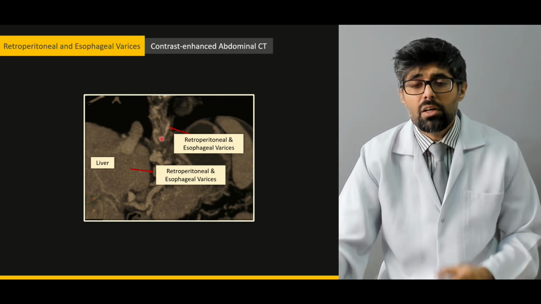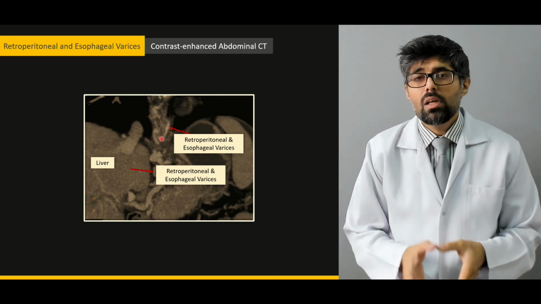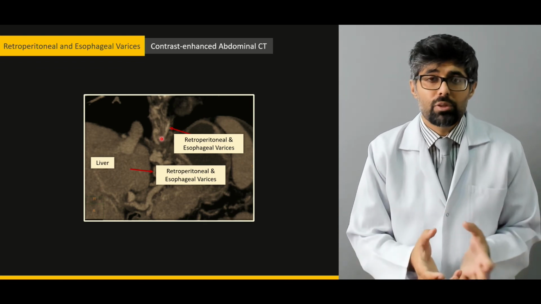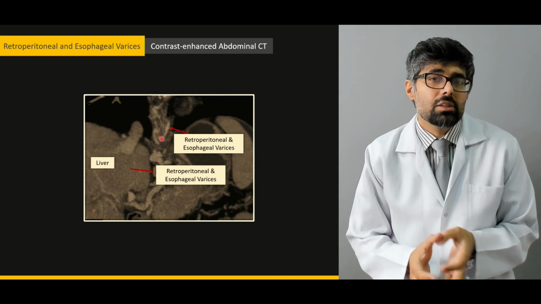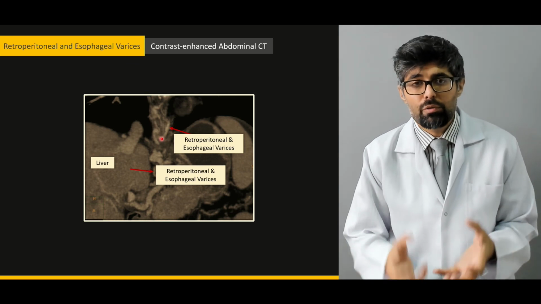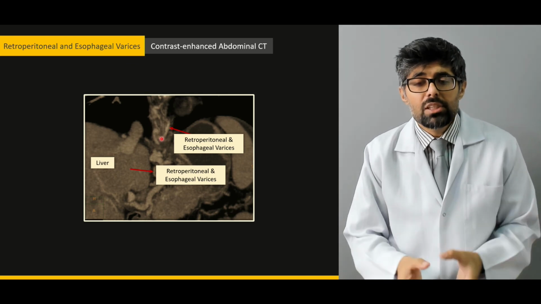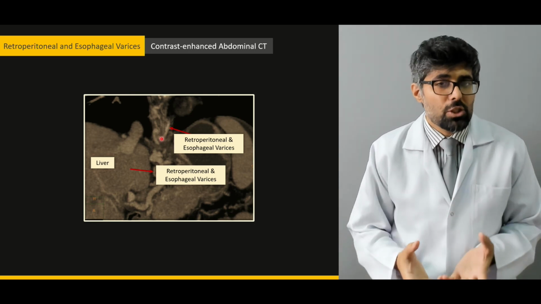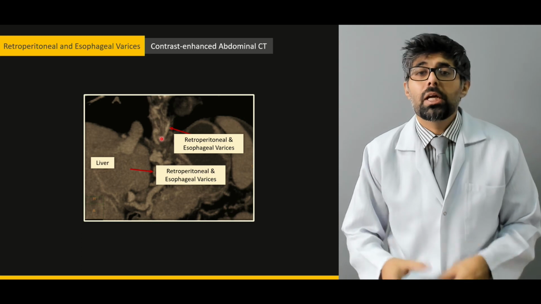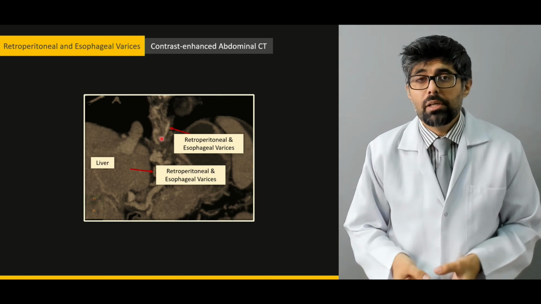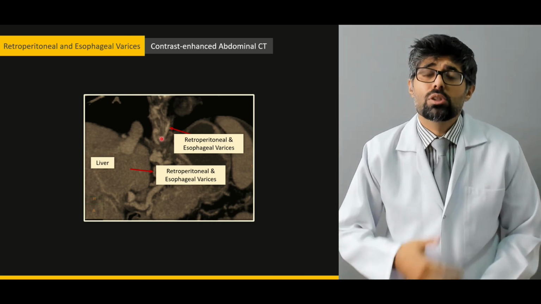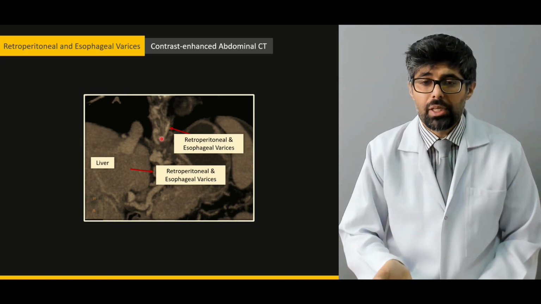Esophageal varices are actually dilated and tortuous blood vessels around the esophagus. They are usually present in the lower 1/3 of the esophagus, and this causes frequent upper GI bleed, and may result in multiple episodes of hematemesis, that is, blood vomiting.